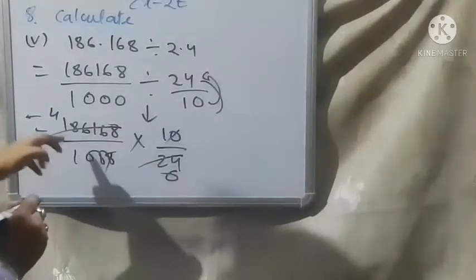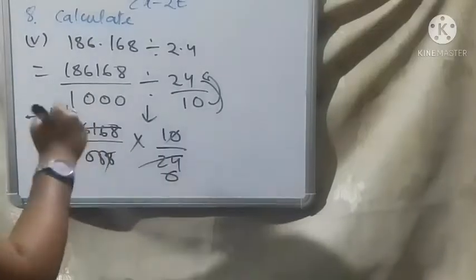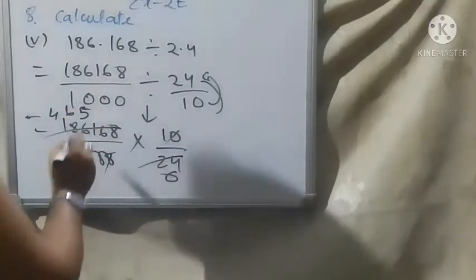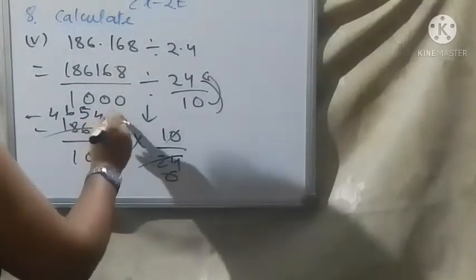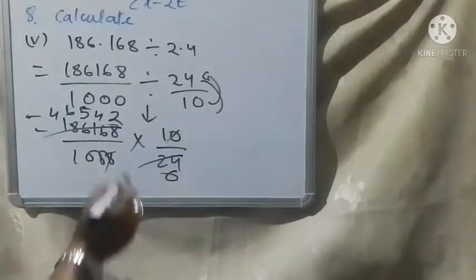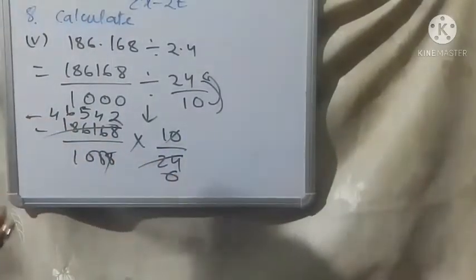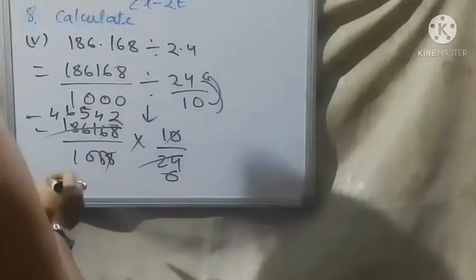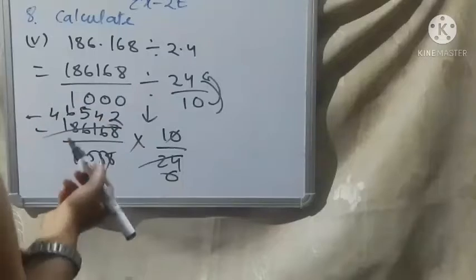4 4s are 16, 26. 4 6s are 24. Again 21. 4 5s are 20. Again 4 4s are 16. 4 2s are 8. Okay. Now your answer becomes, now 6, you see whether it is divisible by 6 or not. 6 7s are 42. Again 45.